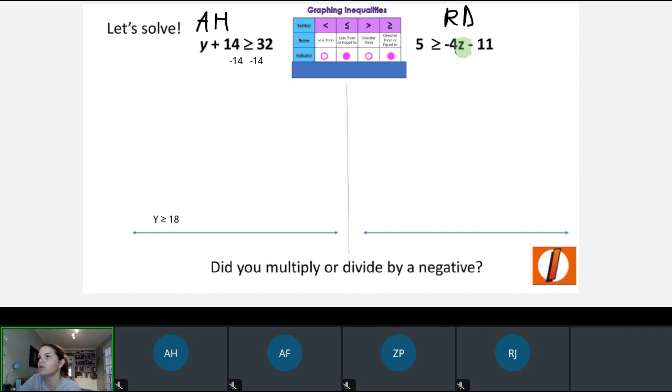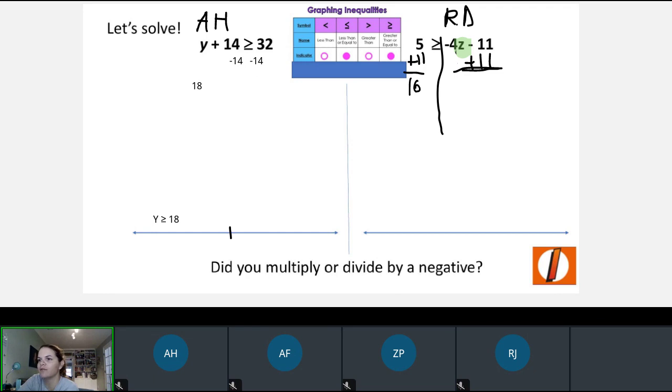And the first thing that I want you to do is we have our z, okay? We want to get rid of addition and subtraction first. So let's go ahead and add 11 to both sides. So go ahead and add 11 first, and then you can keep solving, okay? Good, Angel.